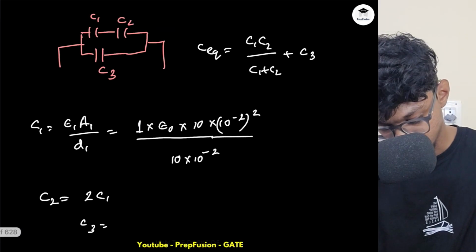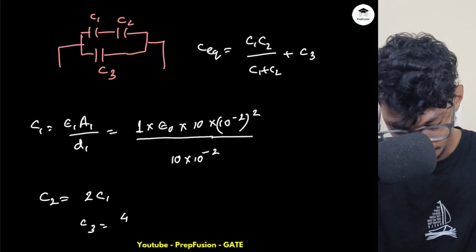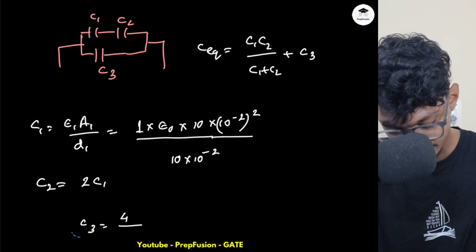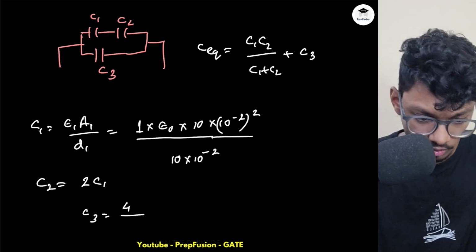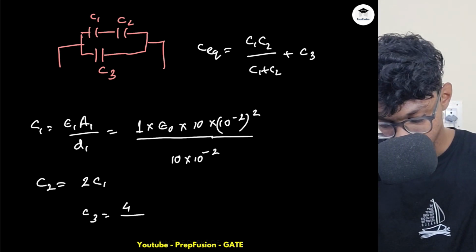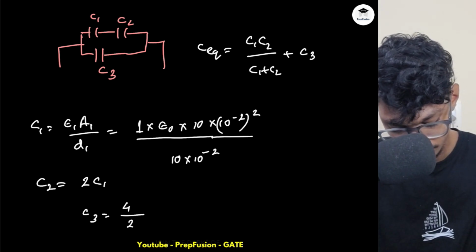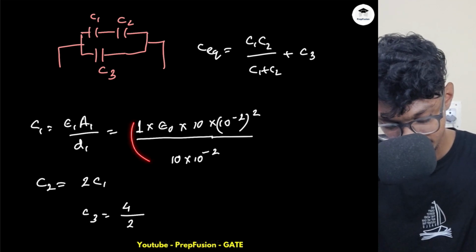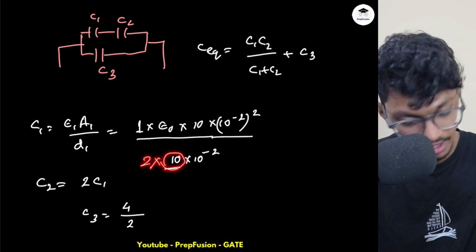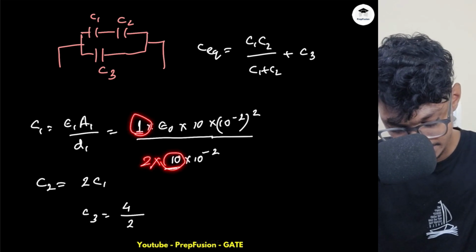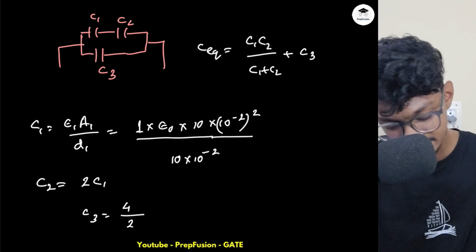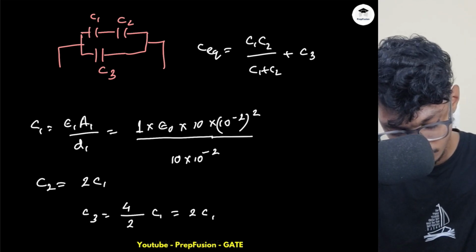You can write the simple expression as well, or take the ratios. 4 times C1, but the distance has also been doubled, so 4 by 2. Everything else will be the same as this, because here instead of 1 I have written 4, and that is exactly what I have replaced. Everything else is the same as C1, so this also will be 2 times C1.